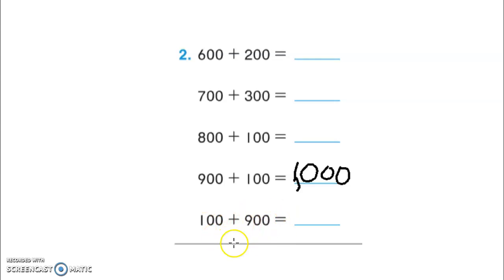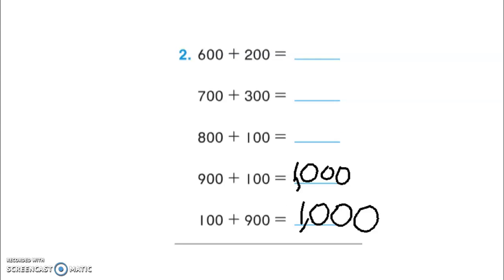Now if I did it down here and I just thought, okay, 9 plus 1 makes 10, I can think in my head that doesn't make sense, because 900 plus 100 should not be a really small number. It also shouldn't be this number, because 100 plus something else should not equal 100. It should be bigger, 1,000. So watch out. Make sure that you're using that awesome brain of yours and think, does this make sense?